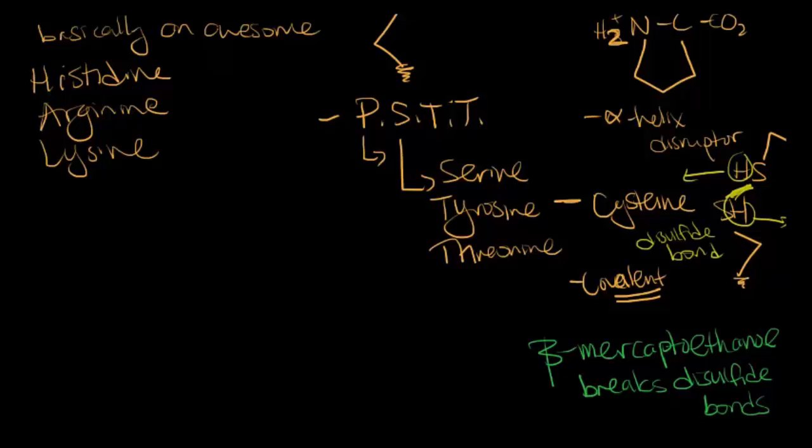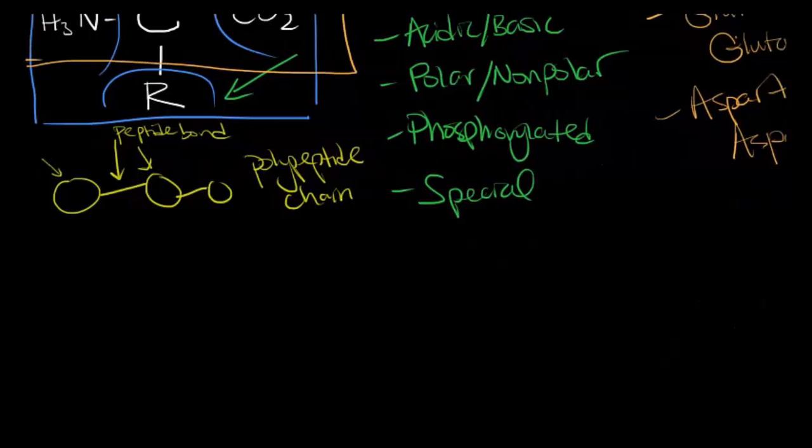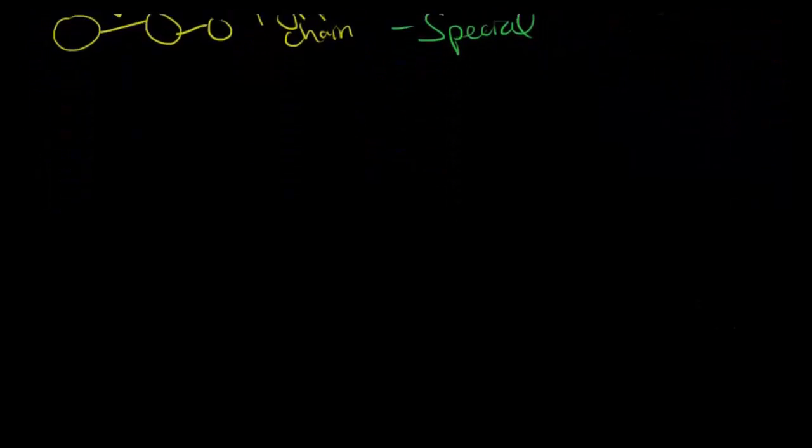Now I want to talk to you a little bit about protein folding. When we're talking about folding, there are different levels of folding. The first one is the primary structure. Primary structure is just the linear sequence of the amino acids.